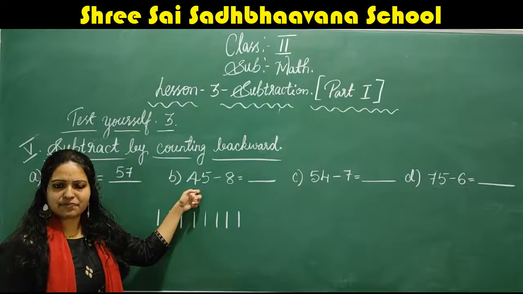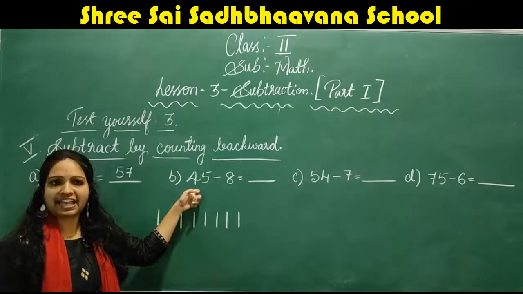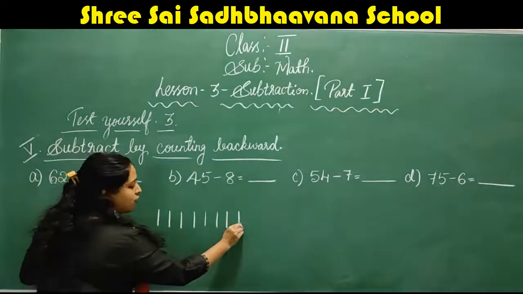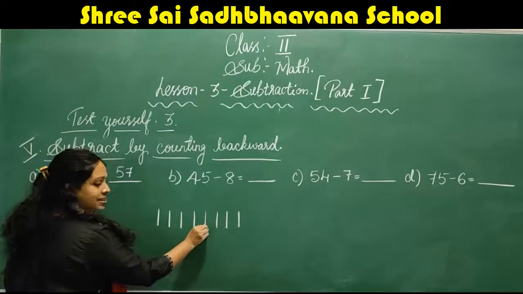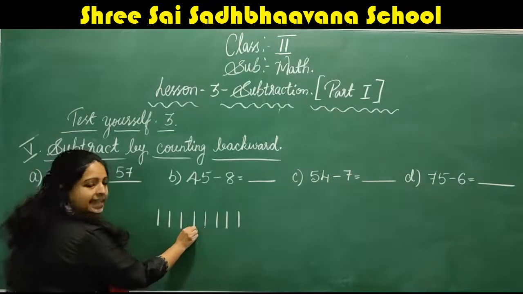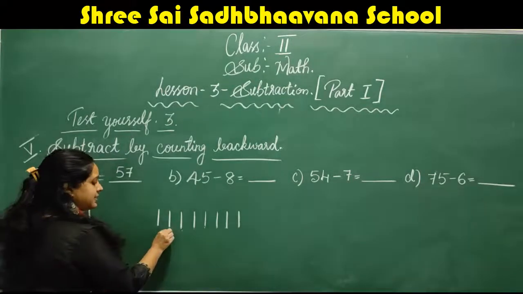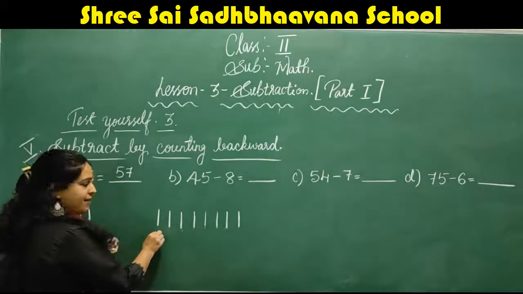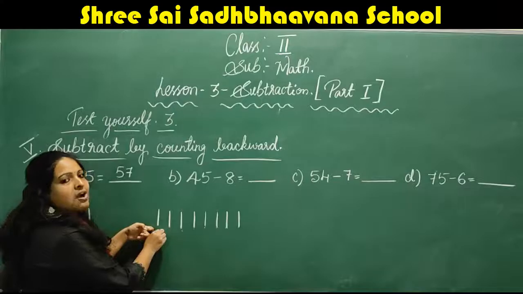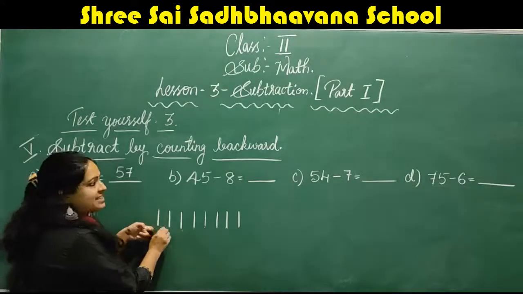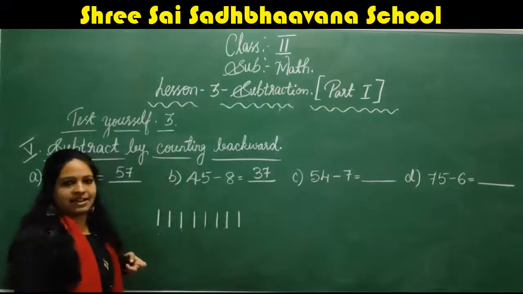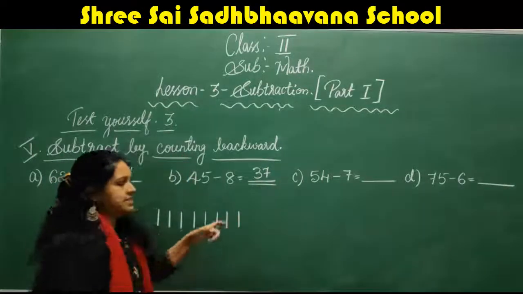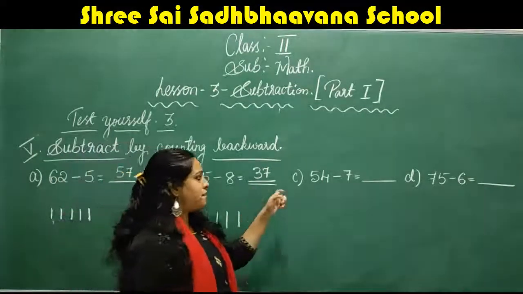So 45, before which number will come? 44. Let me count. 44, 43, 42, 41, 40, 39, 38, 37. So where did I stop now? I stopped at 37. So what's the answer you got now? 37. Okay?